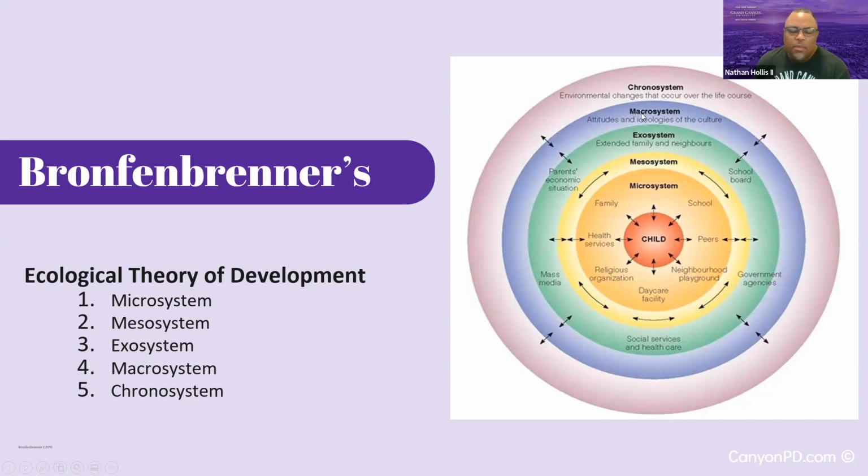The next system is your macro system. And this is really a little bit less tangible than your micro, not so much people. Your macro system instead are the attitudes and ideologies of your culture. So for example, I am an African-American man from the South, I'm from Texas.